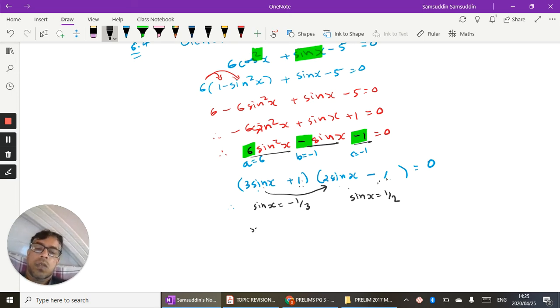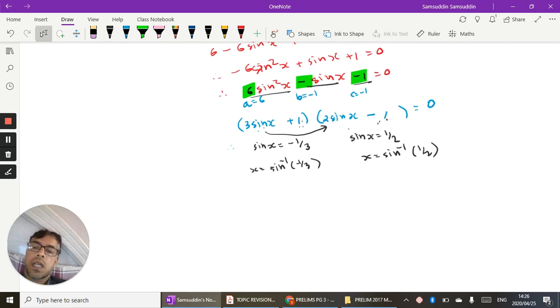Now it's time to use a calculator. Sin inverse of negative 1/3, and x equals sin inverse half. Then if we use a calculator, our answer will be negative 19.47.